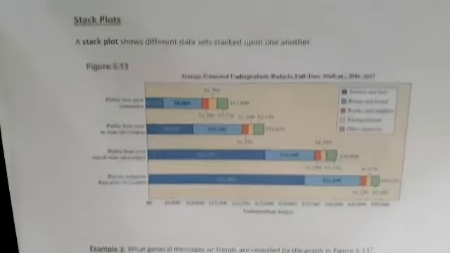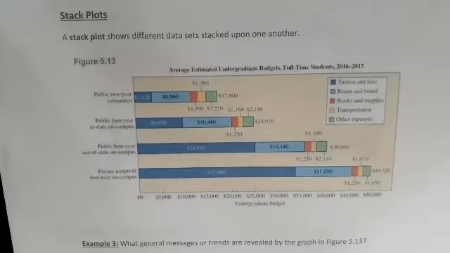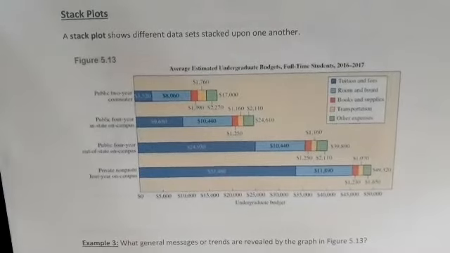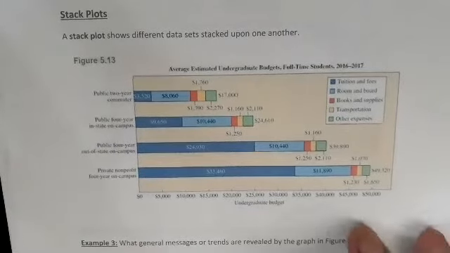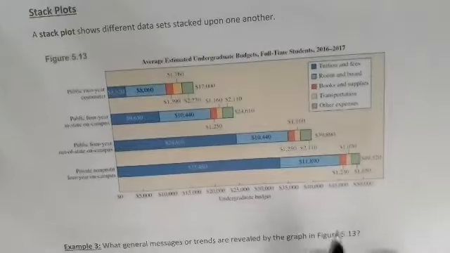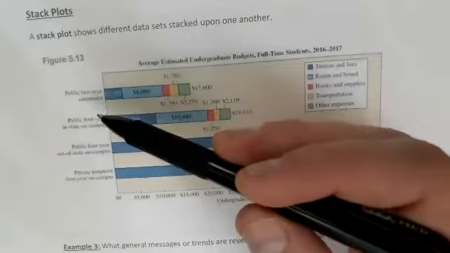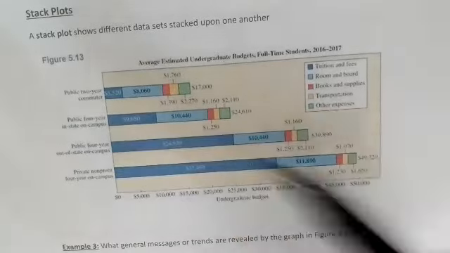The next graph is a stack plot. A stack plot works really well when you have pieces of a whole or something that you can subdivide. So we're looking here at expenses in this graph. We can look at overall expenses and divide them by the type of college you're going to.